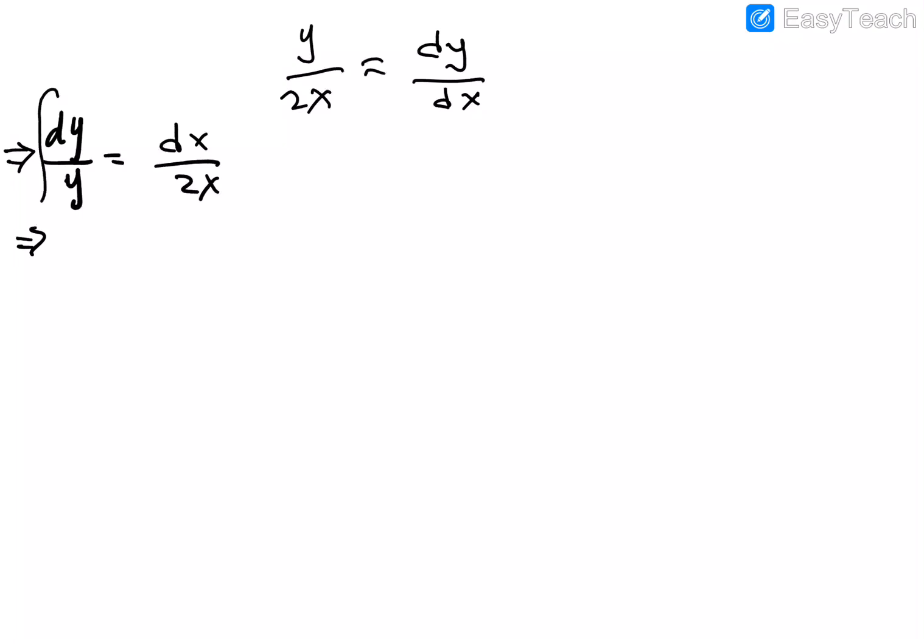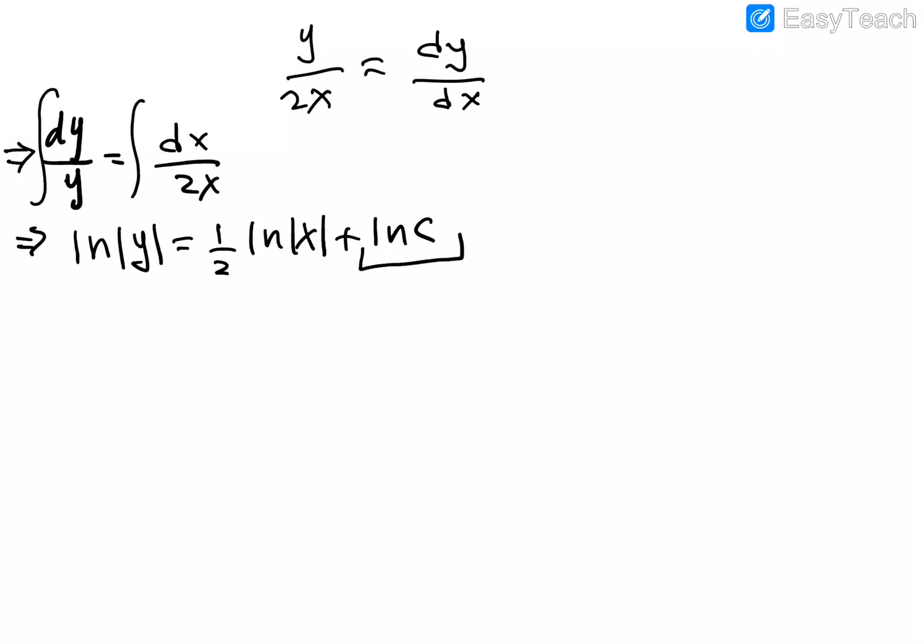And if we integrate both sides, we'll get the natural log of y equal to 1/2 natural log of x plus the natural log of c. And why do you natural log the c, if that's your question? Well, we don't know what this constant is at all. It could be anything we want it to be.